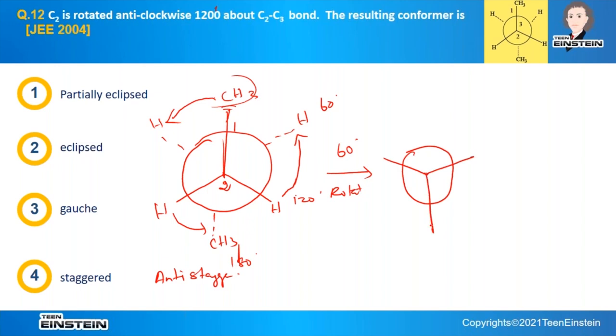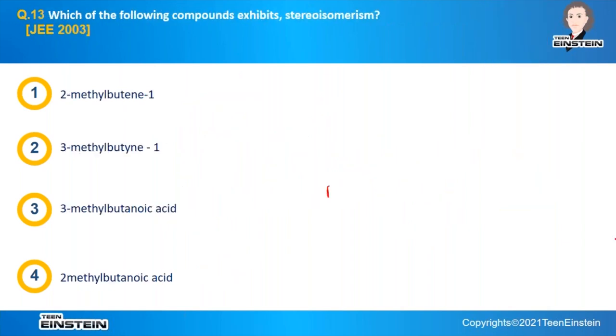So the methyl group comes here. So here is the hydrogen. Here the methyl group is there. So with the next 60 degrees of rotation, the methyl group comes down. So here we want to rotate anti-clockwise by 60 degrees again.